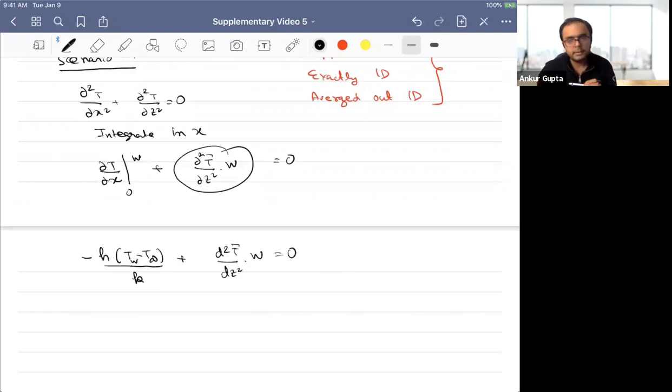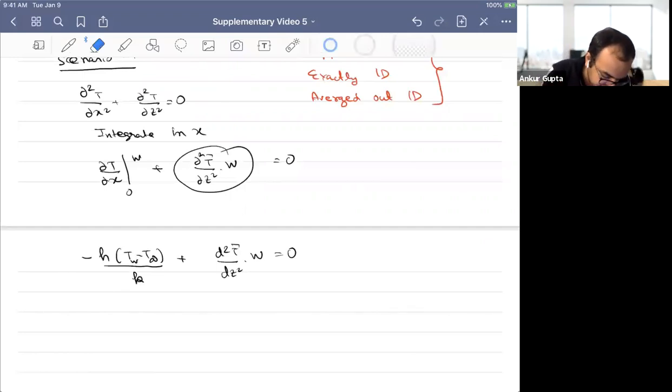Now to be able to use this equation, I need to know the temperature at the wall. But I can only know the temperature at the wall if I do the full problem. It's a 2D problem, so I don't know the temperature at the wall. But because of the approximation of hw by k, through the order of magnitude analysis, we said the temperature at the wall will be the temperature at any place at the same z. So through that approximation we can replace this by T bar.